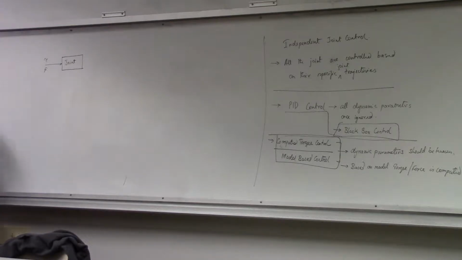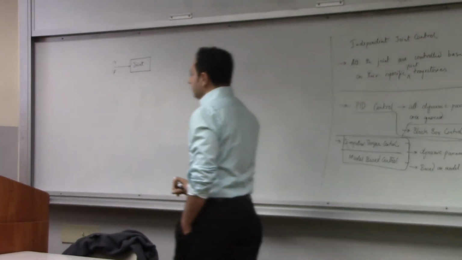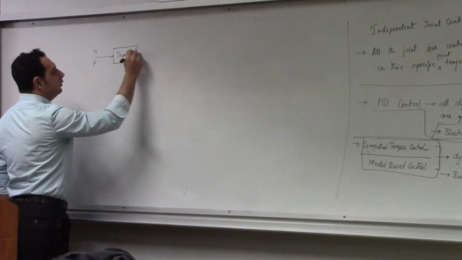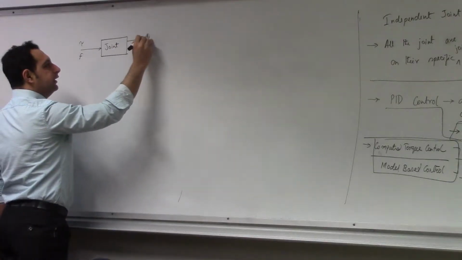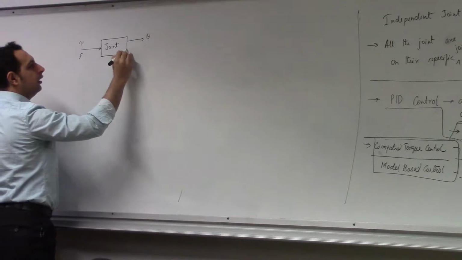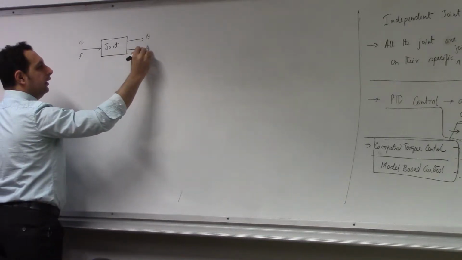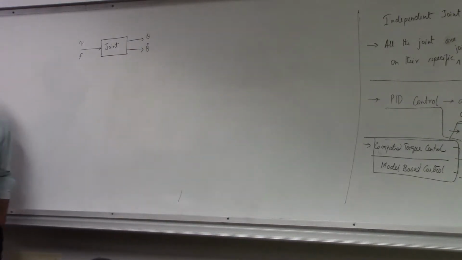If it's a revolute joint or a prismatic joint, we can apply a torque or a force. The output of this will be two things. It will be a displacement theta and the rate at which the joint was moving, right?